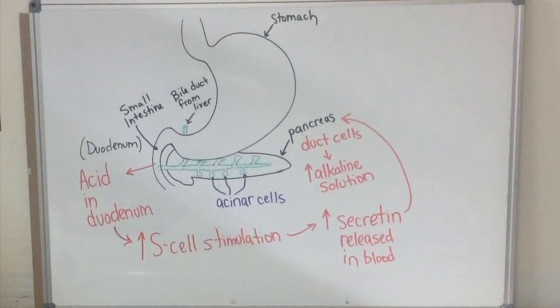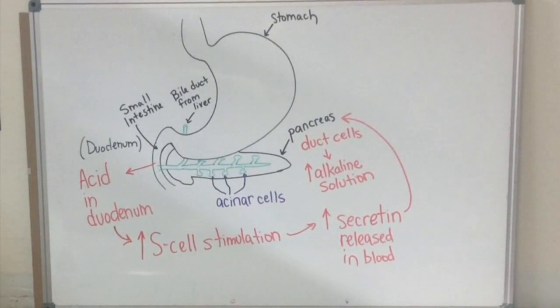One way in which pancreatic secretion release is monitored is by the release of secretin. When the duodenum becomes too acidic due to too much gastric emptying, it increases stimulation to the S cells, which are also found in the duodenum. The S cells increase their release of secretin.